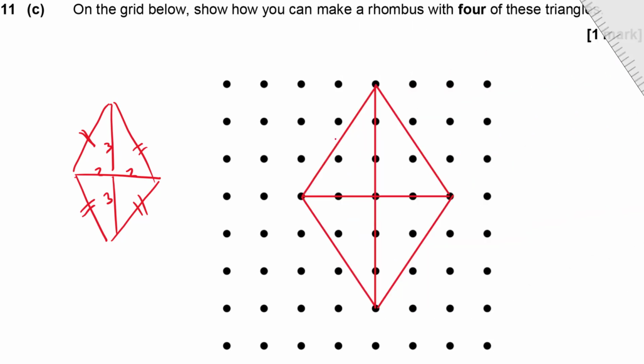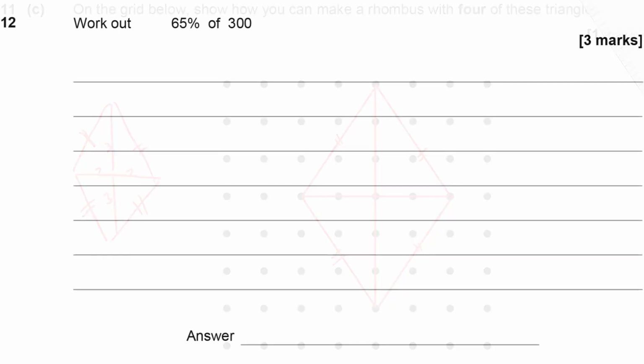Okay, and there's my shape with 4 equal sides, making a diamond or a rhombus. Okay, job done. Question 12, work out 65% of 300.